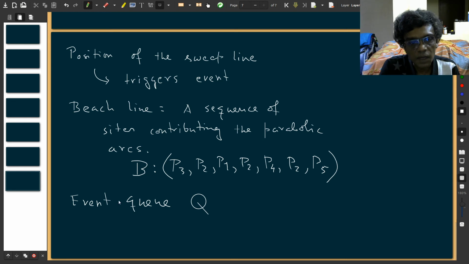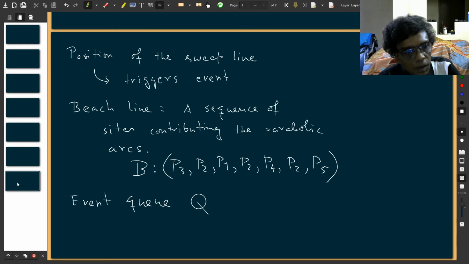Essentially I will handle the events by looking at the highest y coordinate member of the event queue. Now these events are happening from top to bottom. So the queue is ordered from larger y coordinates to smaller y coordinates.